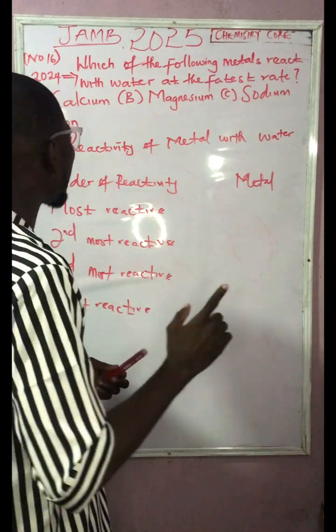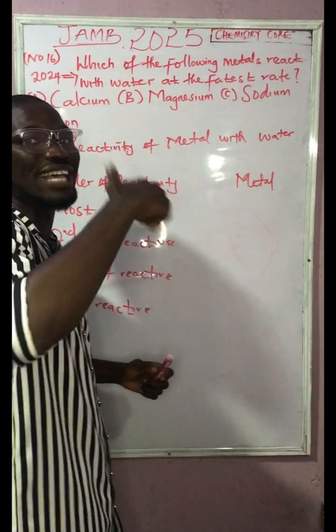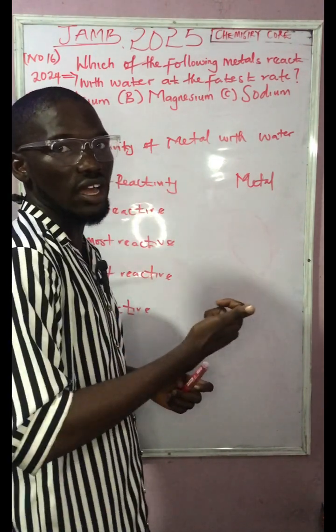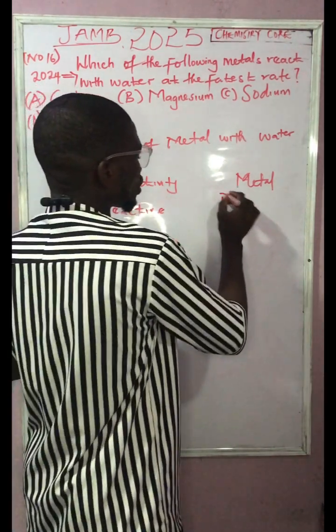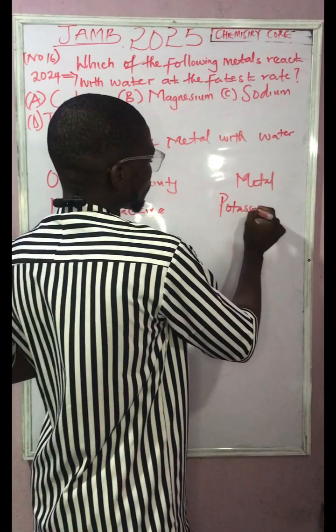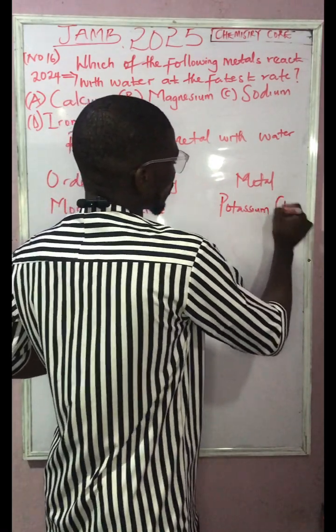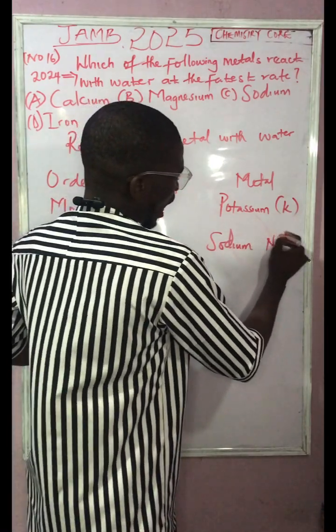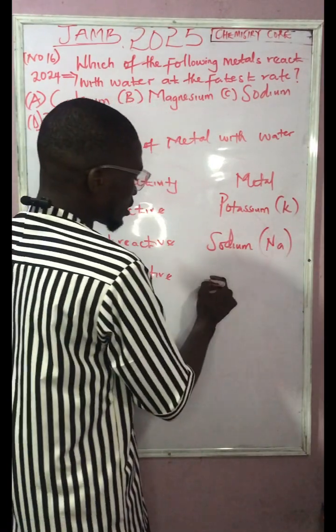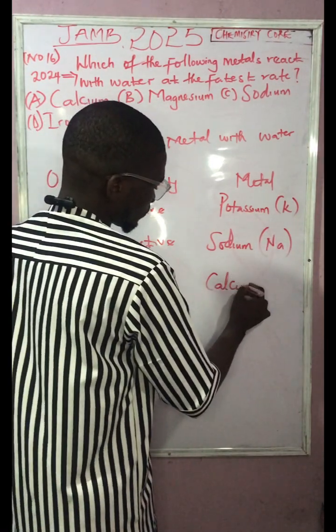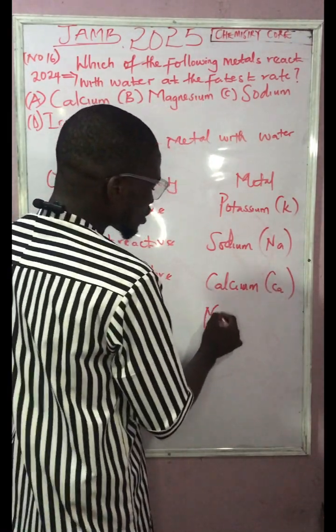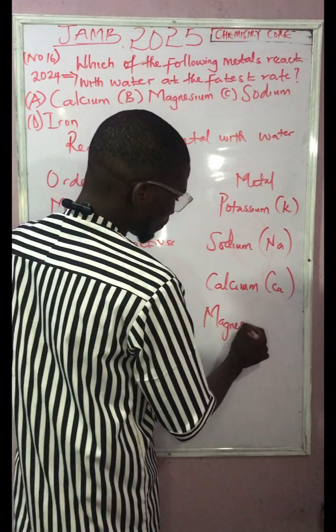So the first element, as I said earlier, is potassium, which has the highest priority to react faster with water. The second one is sodium, Na. The third one is calcium. And the least reactive is magnesium.